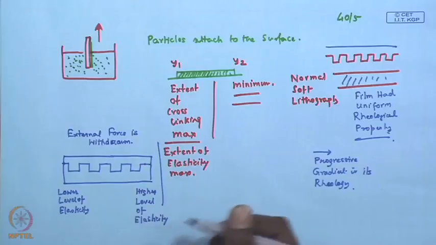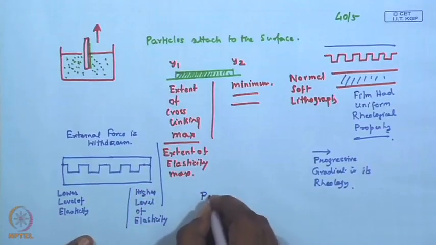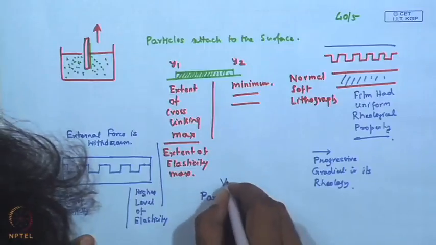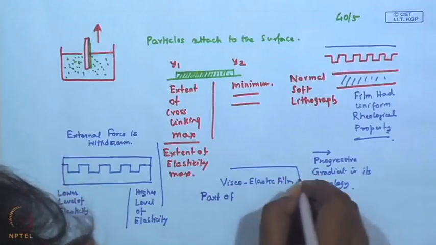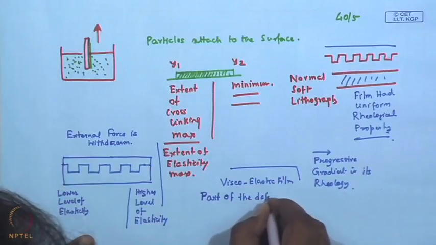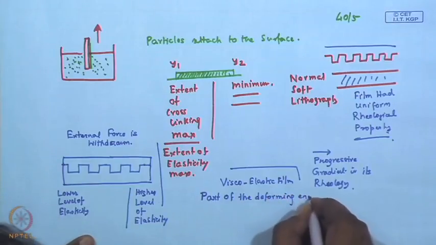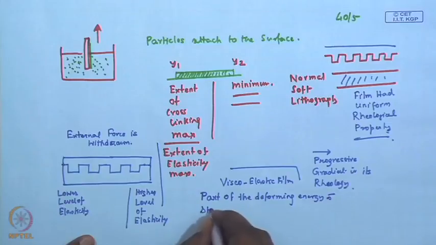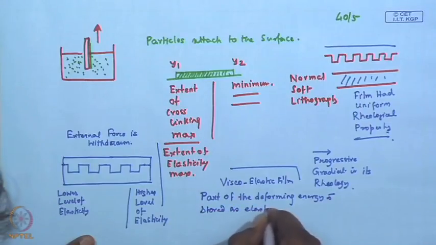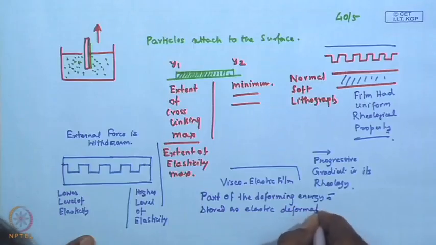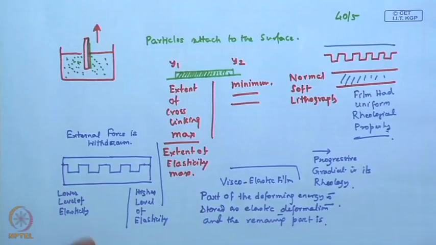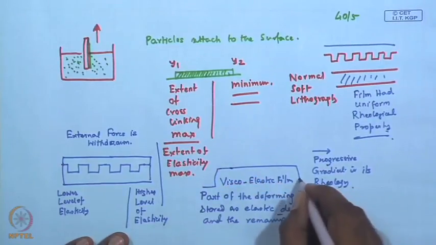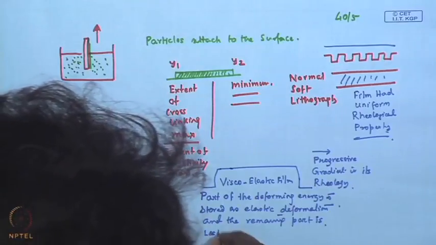So, since it is a viscoelastic film, part of the energy is stored, and the remaining part is lost due to viscous dissipation.